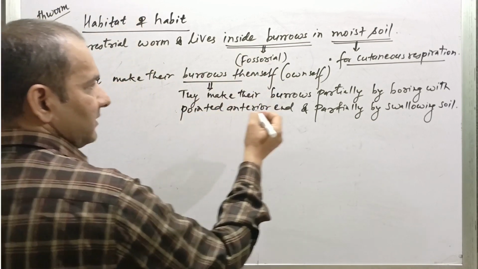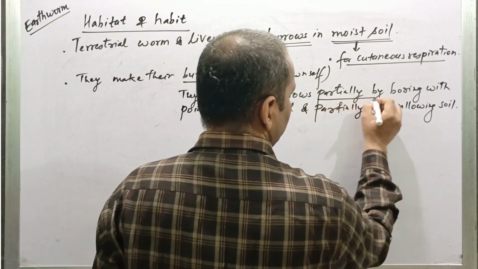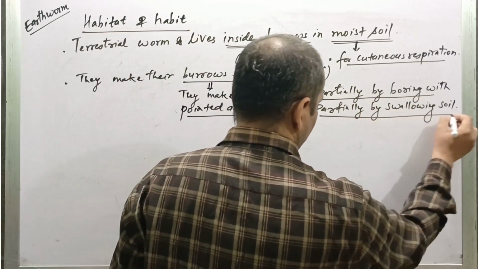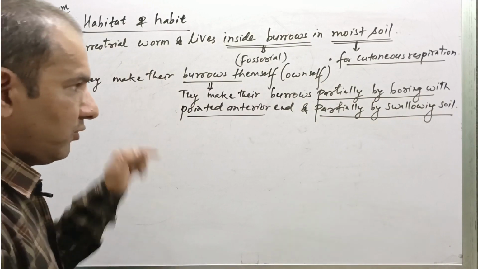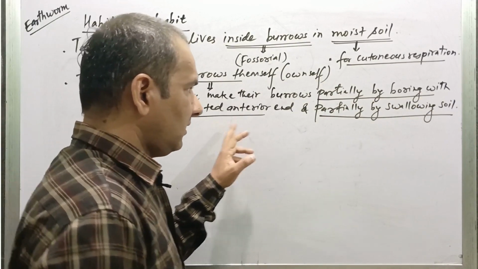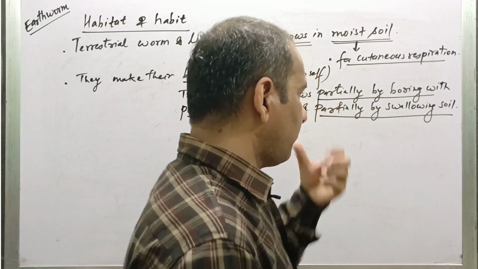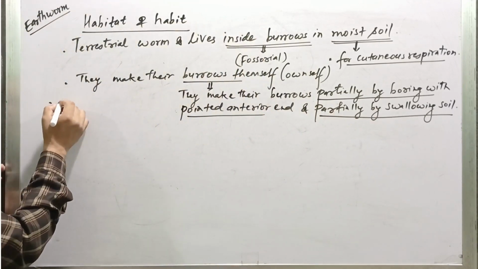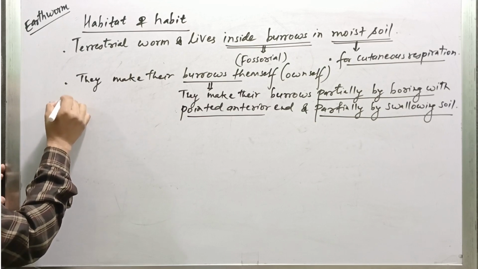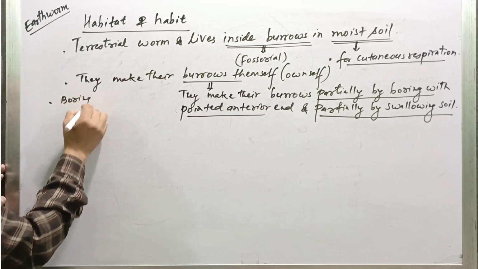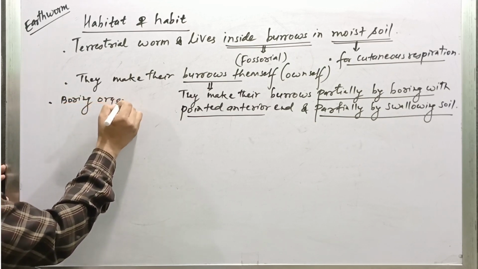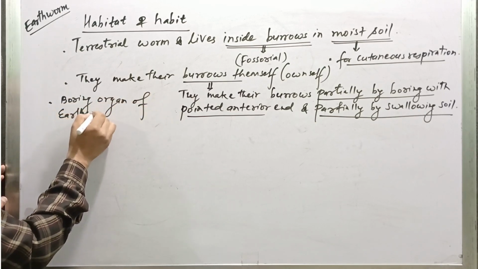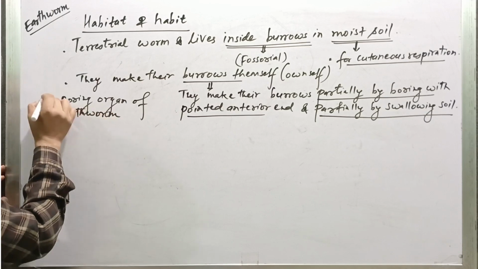So, the earthworms live inside the burrows in moist soil and they make their burrows themselves. They make their burrows partially by boring with pointed anterior end and partially by swallowing the soil. They bore with the help of pointed anterior end and also swallow the soil to make the burrows. Now, one point which we have to note here is the boring organ of earthworm.